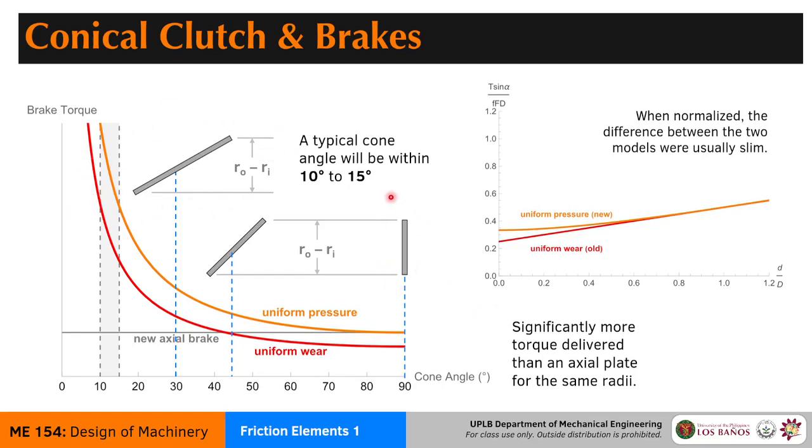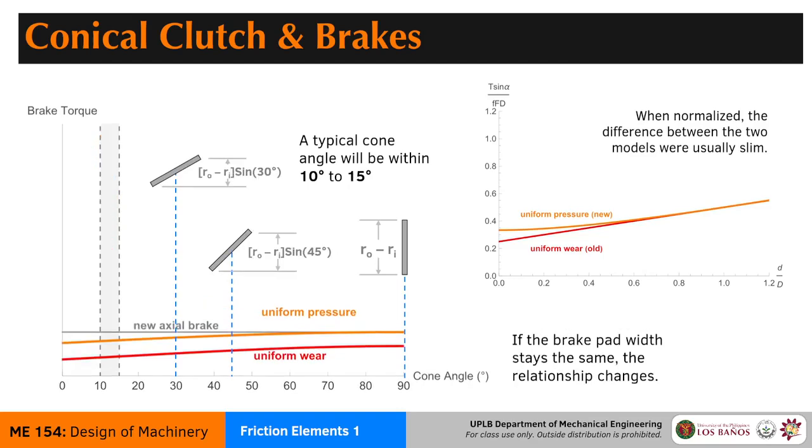Usually, you preserve this amount of area for the plate clutch, but you just angle it down. When you angle it down, the effective outer radius decreases. And if you assume that, the amount of torque is a little bit reduced. Let's just say that the relationship changes.